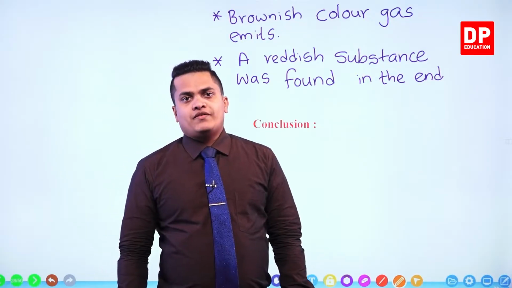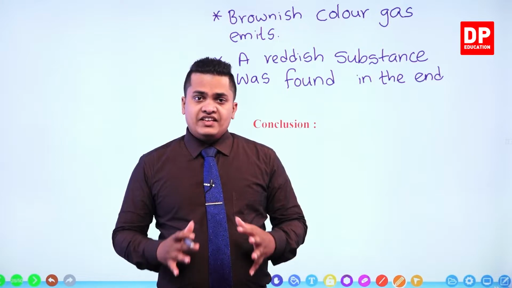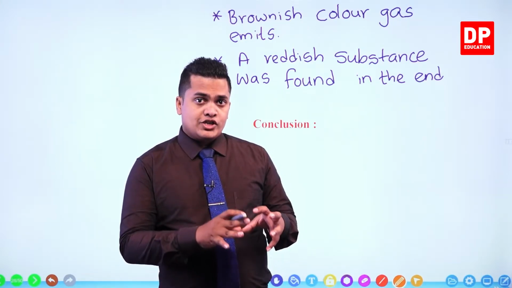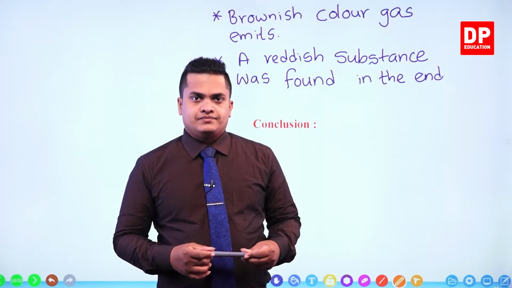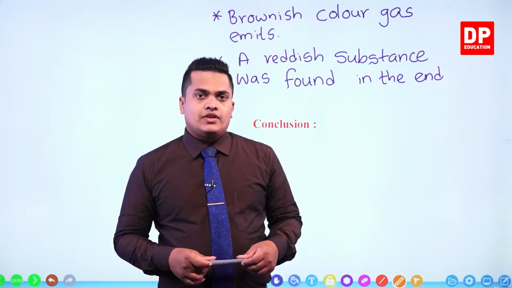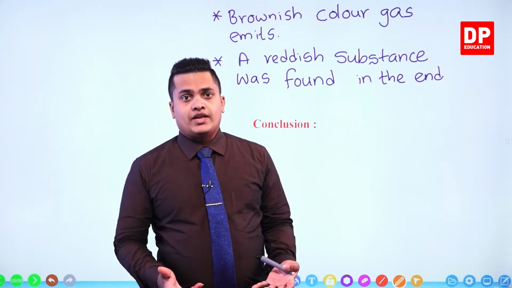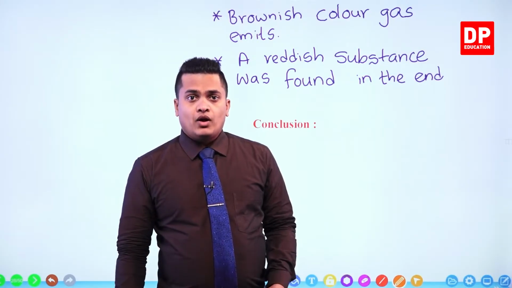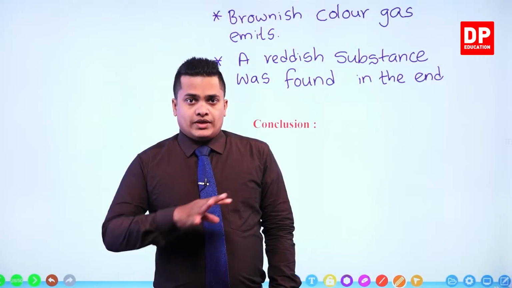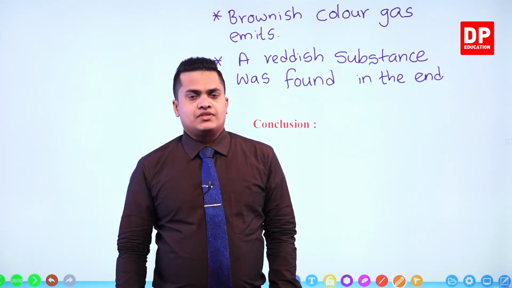The composition of lead nitrate has changed. If not, then the original lead nitrate should be there in the system, right? But you could clearly observe that the original was a white color powder, but now it has a reddish color substance. So the initial substance has changed into new substances.